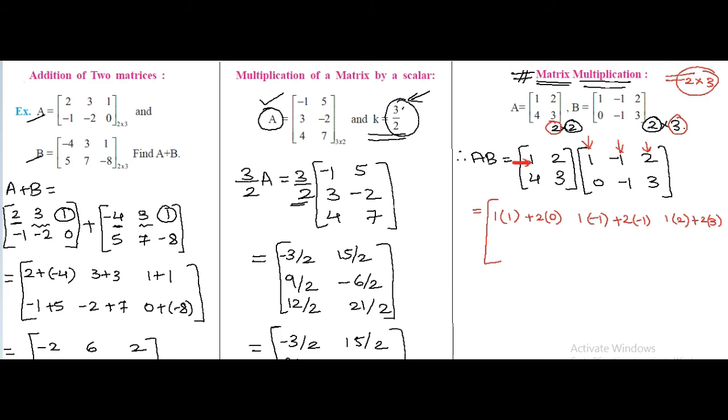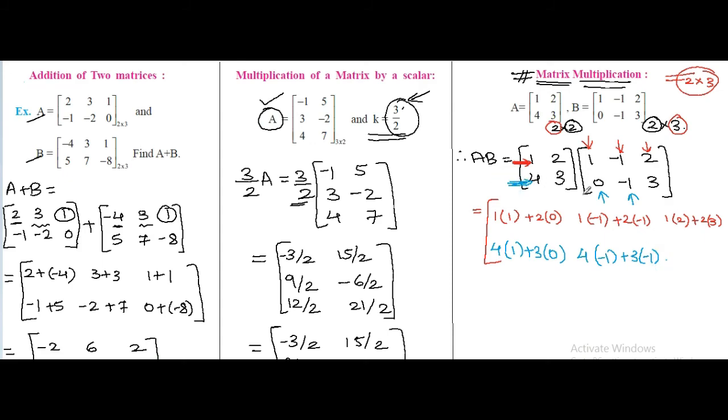Now let's go to the second row with the first column. So, 4 into 1 plus 3 into 0. Now again, second row with second column. 4 into -1 plus 3 into -1.